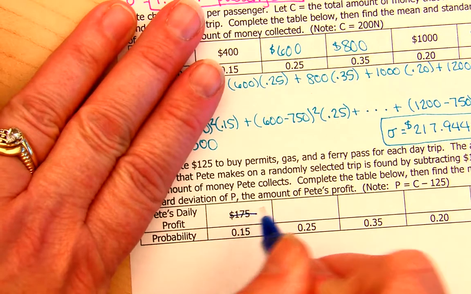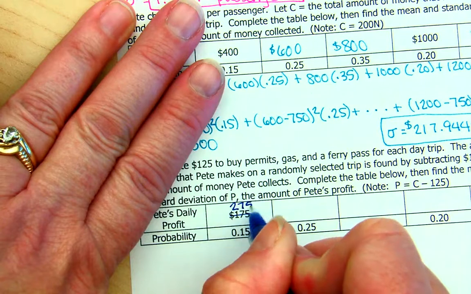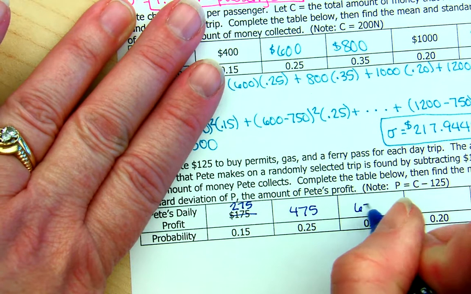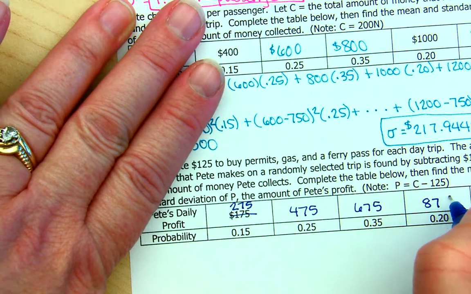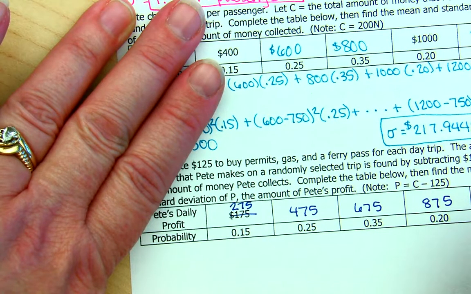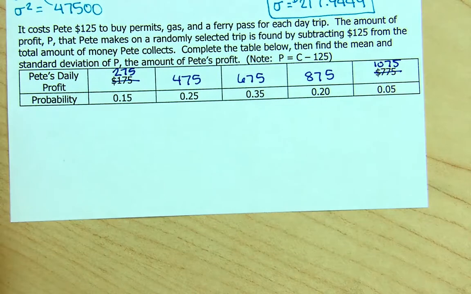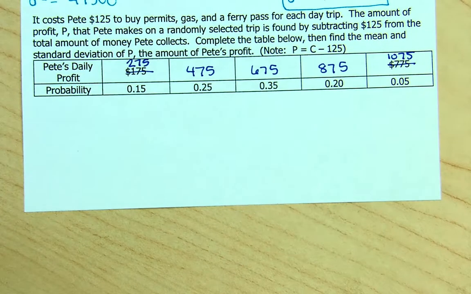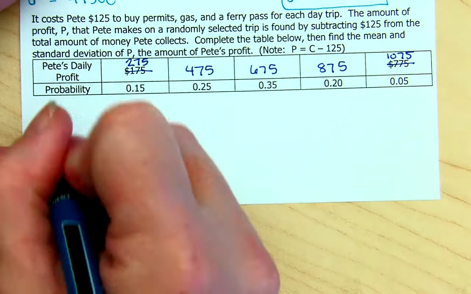So this first one should be 275, not 175. Then we want to find our average profit and the standard deviation of that.